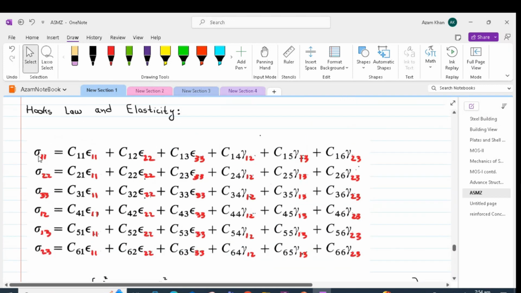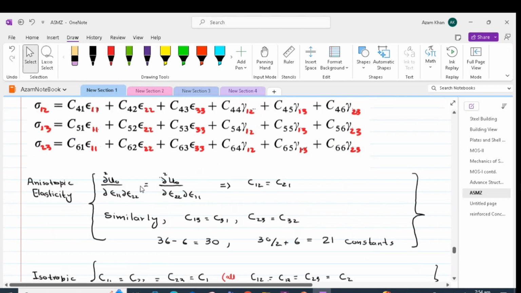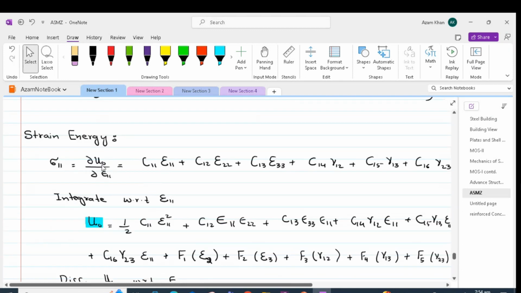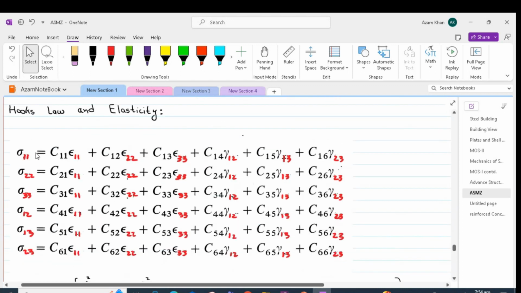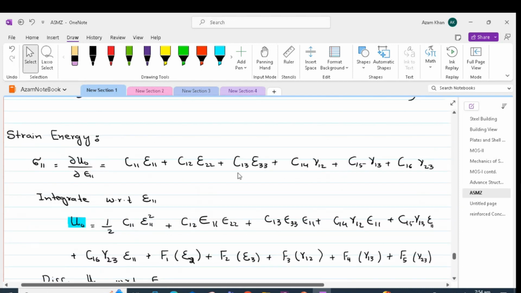Now, from the equation shown over here, we can write that sigma 11 is equal to partial u naught by partial epsilon 11, which is equal to this expression, the first equation. We can integrate this with respect to epsilon 11, and the first expression would be half C11 epsilon 11 square, since the integral of this expression gives epsilon 11 square by 2.